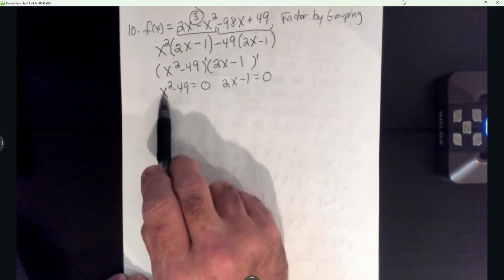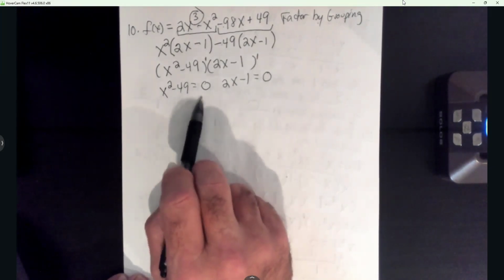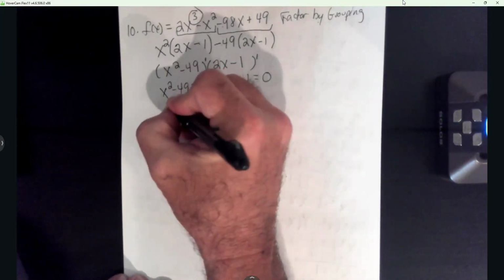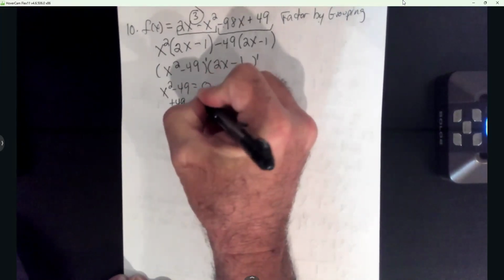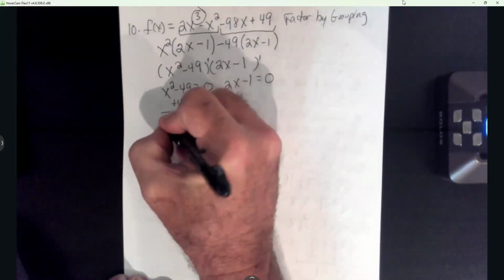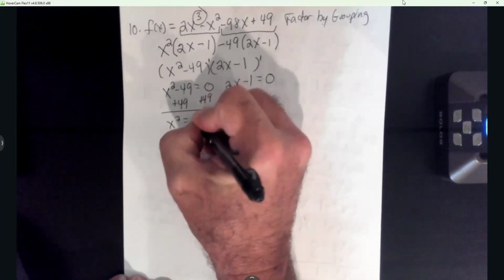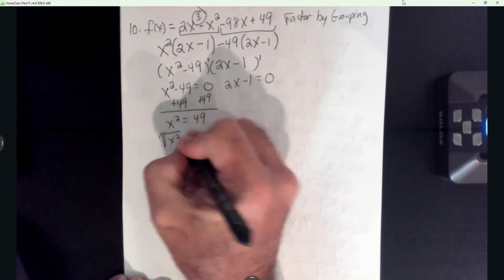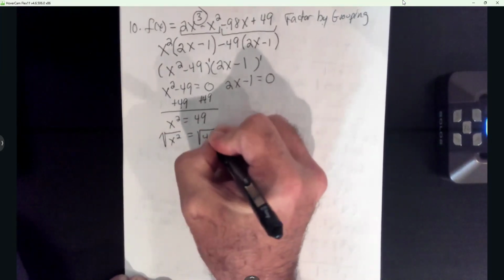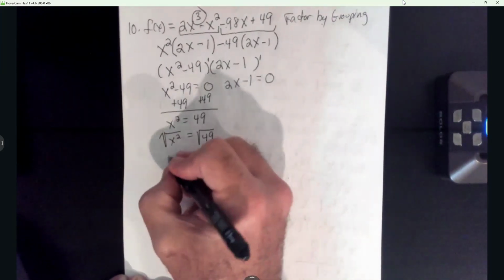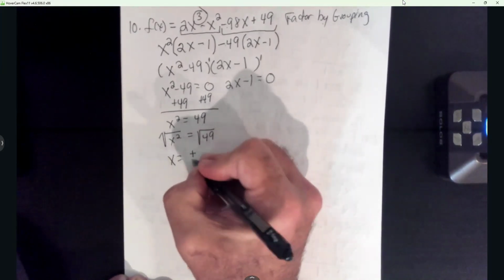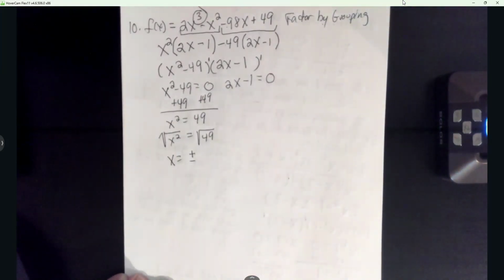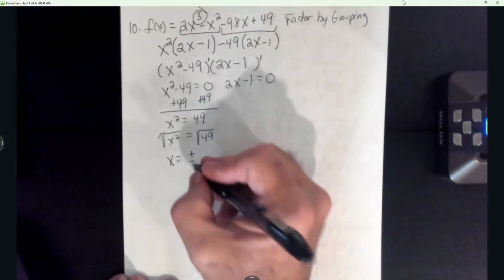So this one is x squared in a number. I'm going to add the 49 and do my square roots. So we get x squared equals 49. We'll square root that. And y'all, that's going to give me x is a plus or minus 7 and negative 7, perfect.